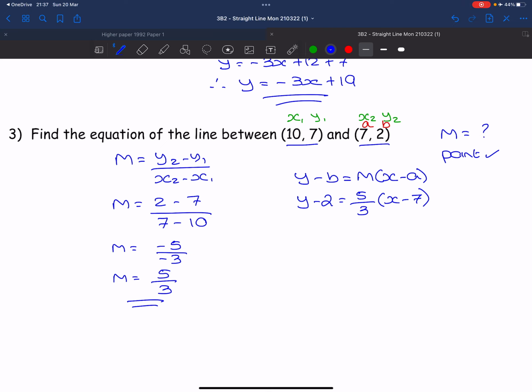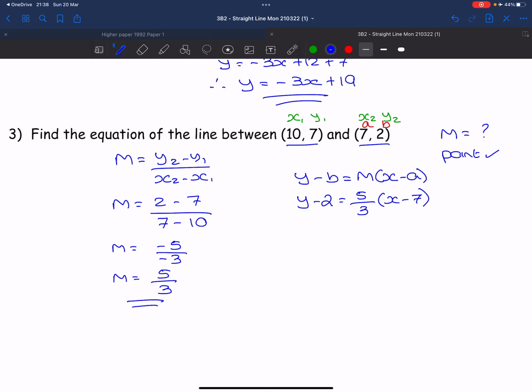Now what I've got here, I must simplify this down further. I could go ahead and run the 5/3 through the bracket and multiply. But when I do that, I'm going to get some horrible fractions. So what I suggest we do at this stage, if you're ever thinking about multiplying a dodgy fraction through a bracket, don't do that.